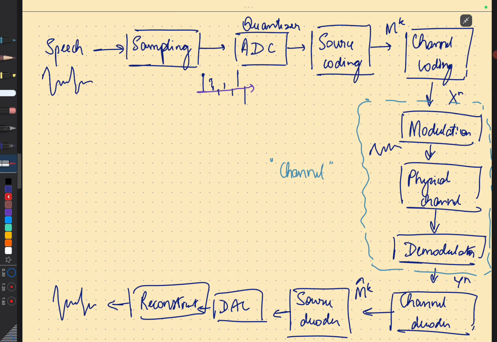And more importantly, it is also known that under certain mathematical assumptions, there is no loss in splitting this problem into compression and channel coding.